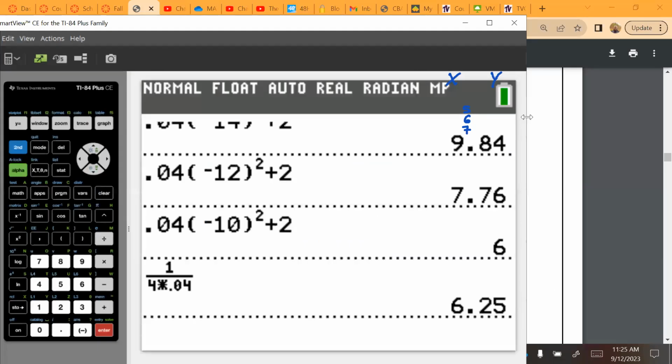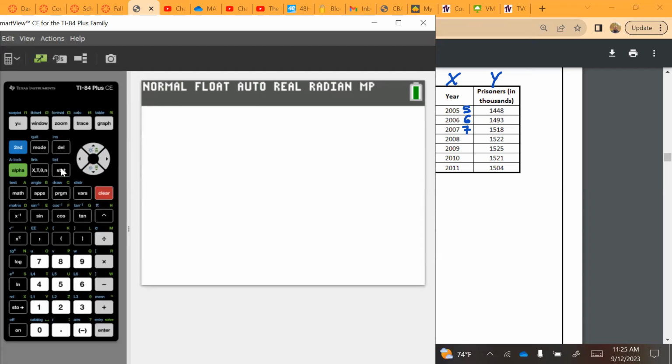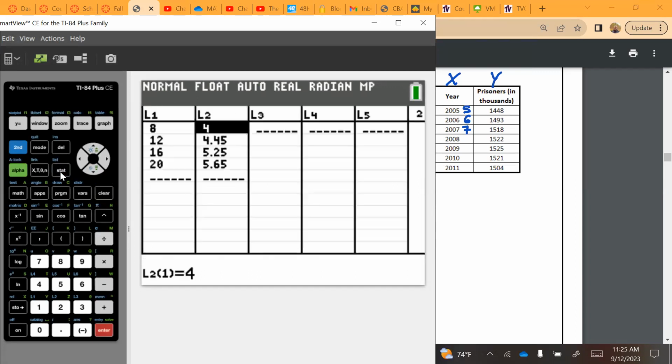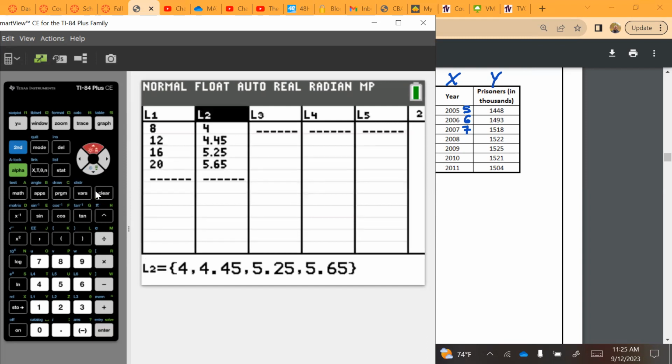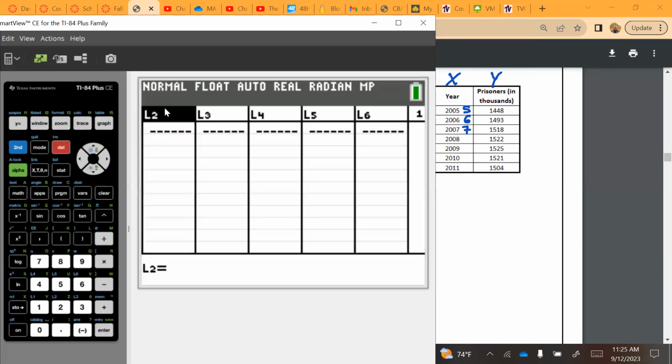Let me go back to stat, enter. If you've got old data, we're going to go up to the name of the list and hit clear, enter. Because there's usually somebody that does this, if you hit delete, notice L1 is totally gone now, and if I hit the left arrow, I don't get to L1. It's gone. Wiped clean by the wrath of God.